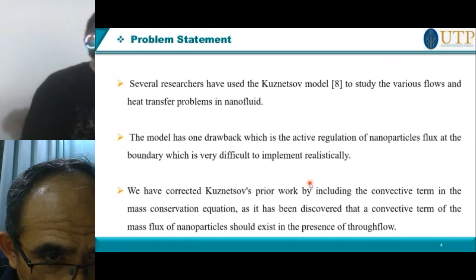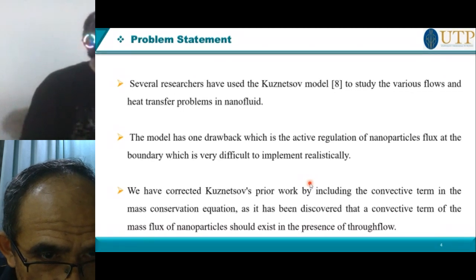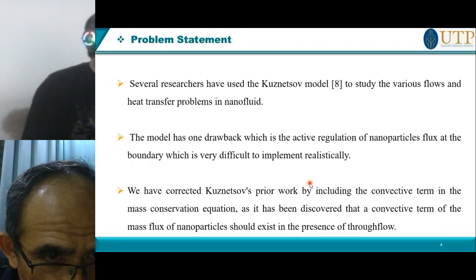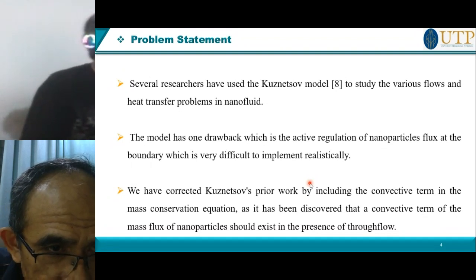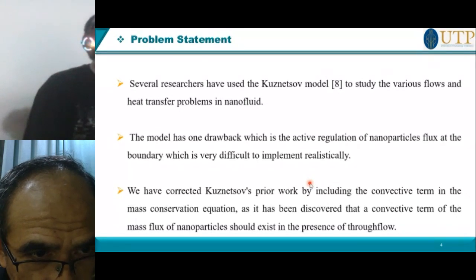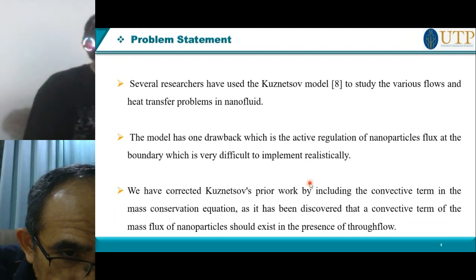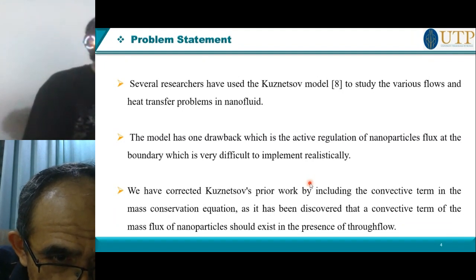"This model has one drawback, which is the active regulation of nanoparticle flux at the boundary, which is very difficult to implement realistically." You have to put the problem here, number one: our problem from this model.